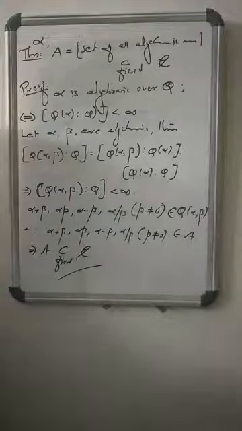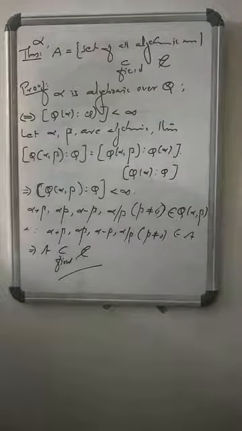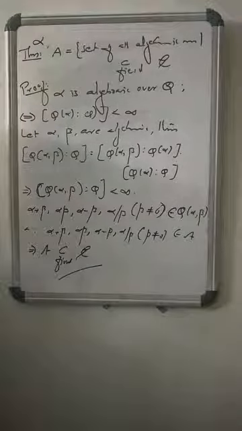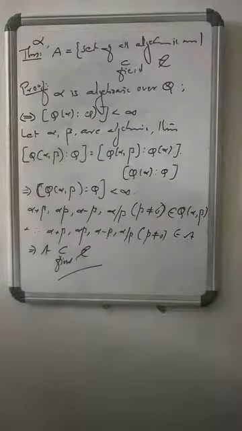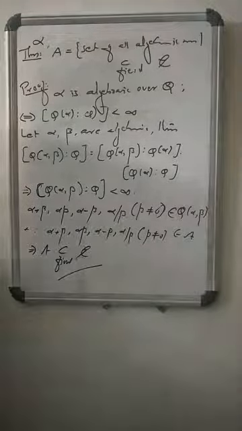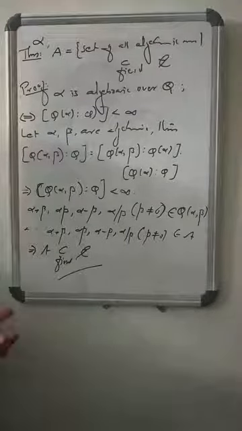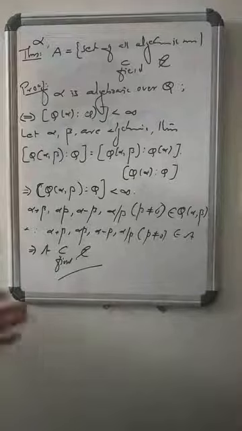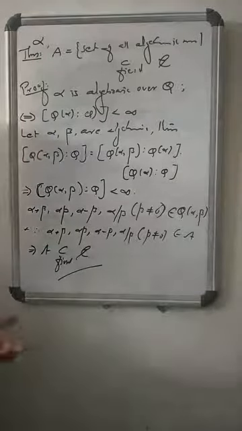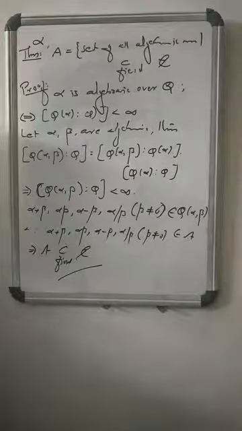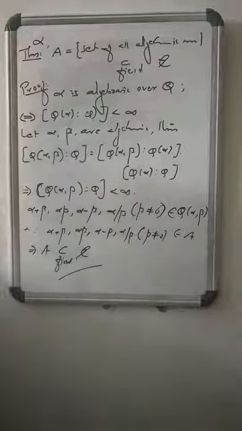That is, alpha satisfies a non-zero polynomial with coefficients in Q. If we clear the denominators, the coefficients may be integers. Okay. Now we prove a theorem.